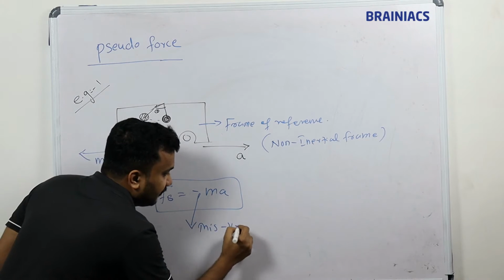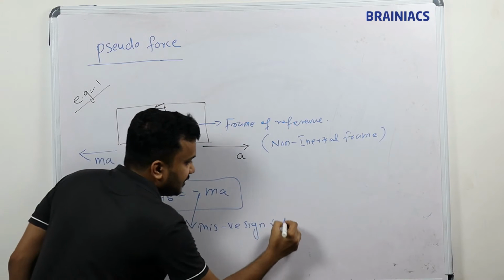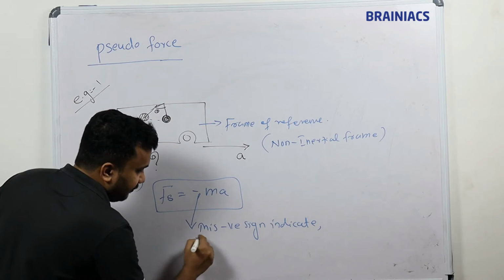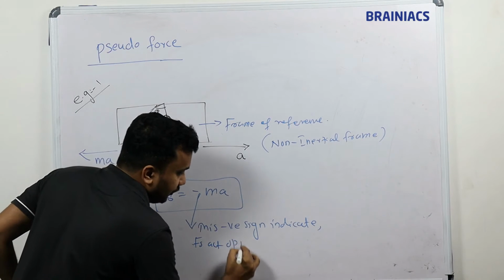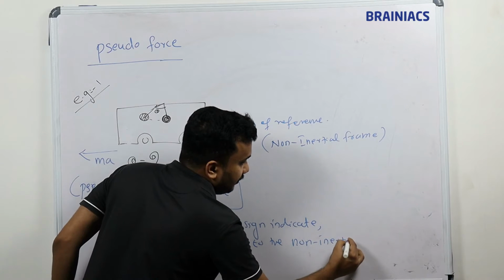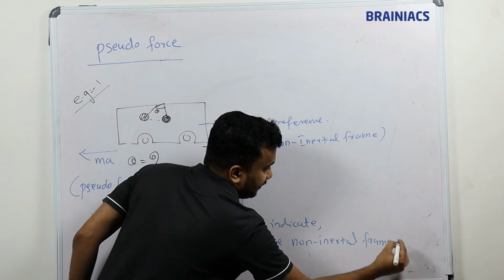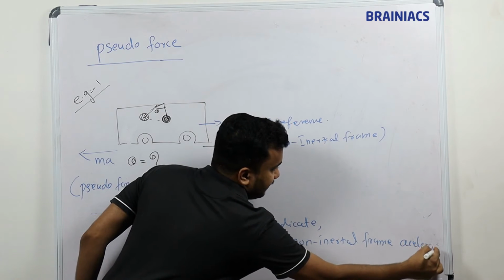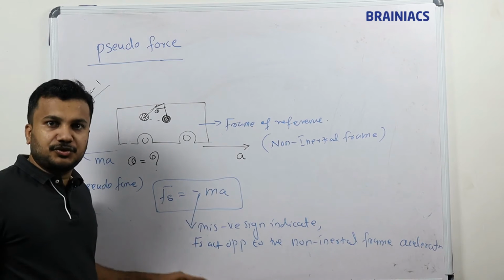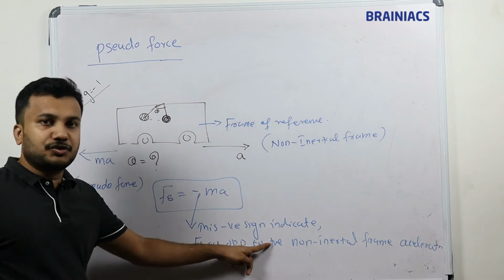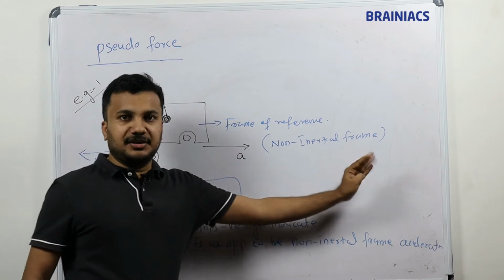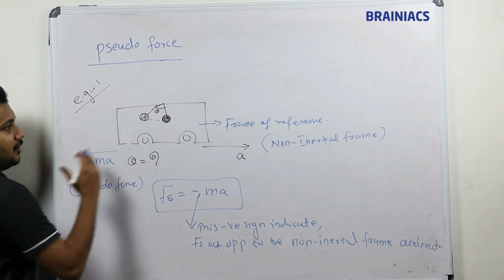This negative sign indicates that the pseudo force Fs acts opposite to the non-inertial frame's acceleration. Hope you got it. The non-inertial frame is moving from left to right, so the pseudo force acts in the opposite direction.